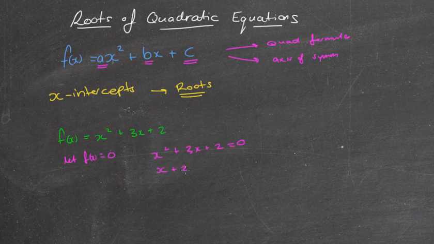In this case, I can do it via factorizing: x plus 2, x plus 1. Now I can finally solve it to get x is equal to -2, x is equal to -1. These -2 and -1 are called the roots of my equation. That's the first part that we're looking at.